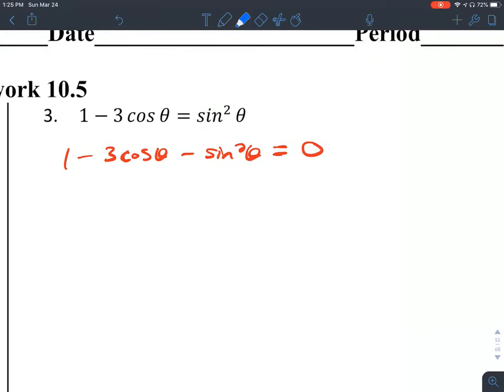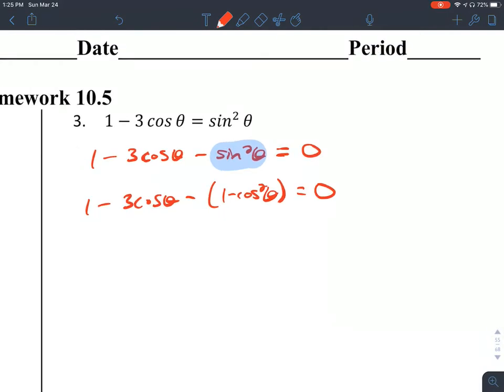So I'm going to change this to 1 minus cosine squared. That way this is all in one trig function, and maybe I could factor it then. So this is going to give me 1 minus 3 cosine of theta minus 1 plus cosine squared of theta.